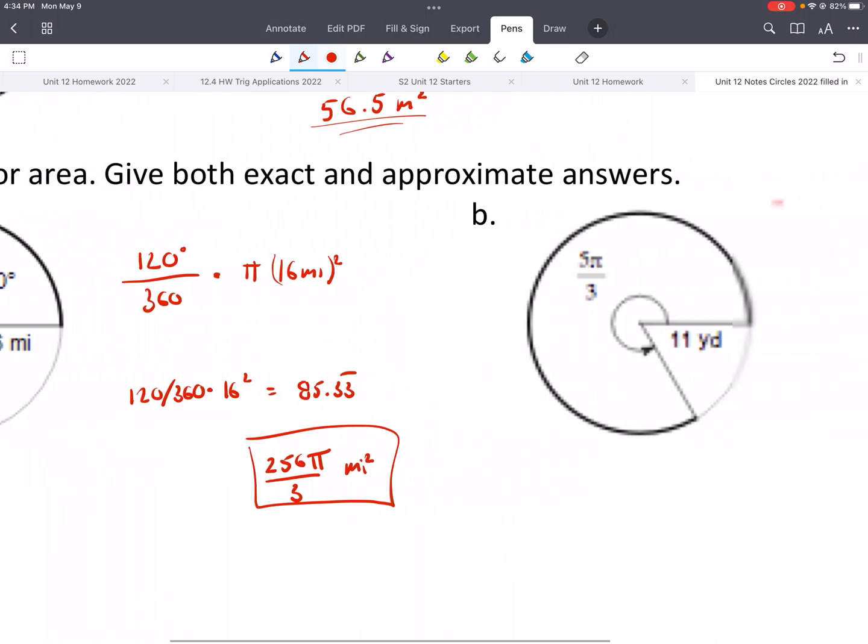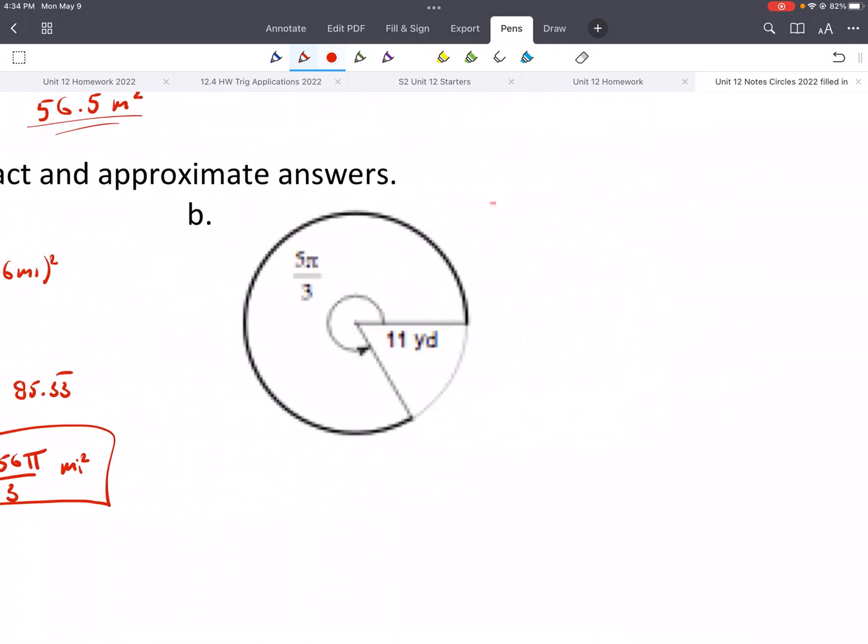Okay, and then this one, this is the trickiest part. If we're doing it in radians, your choices are that you could switch it to degrees, but if it starts in radians, your answer should be in radians. So if you decided to switch it into degrees, that's okay, but make sure that when you're done you switch it back.